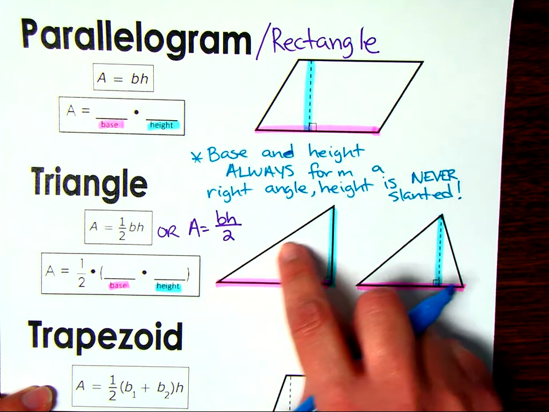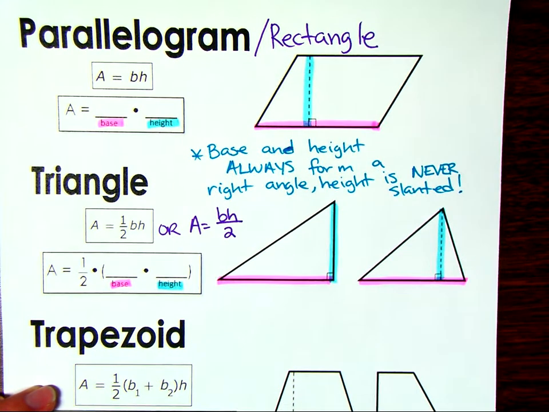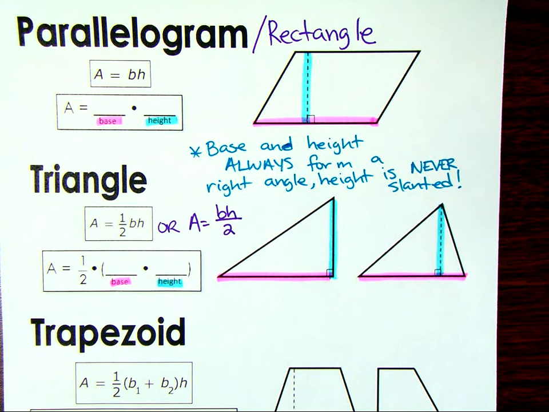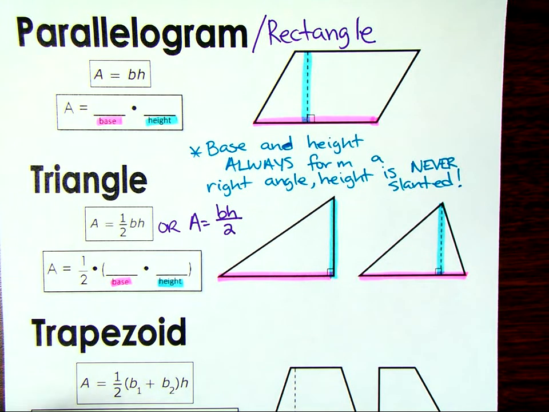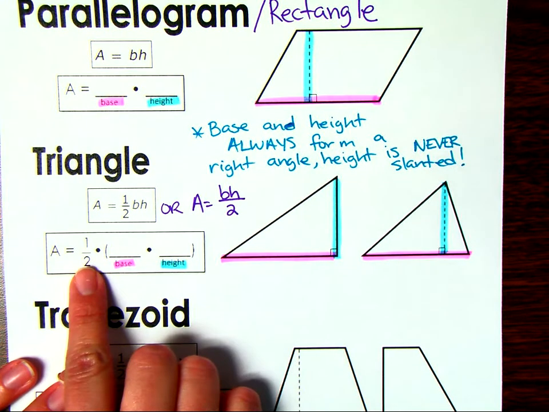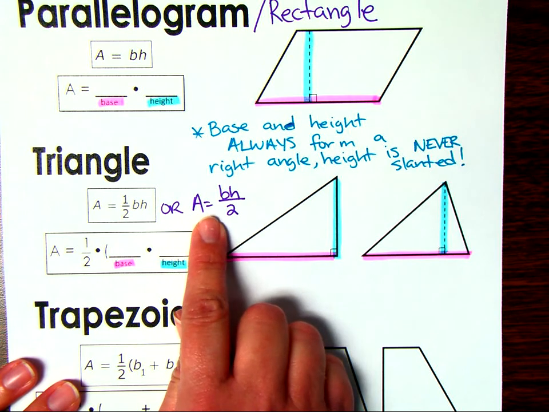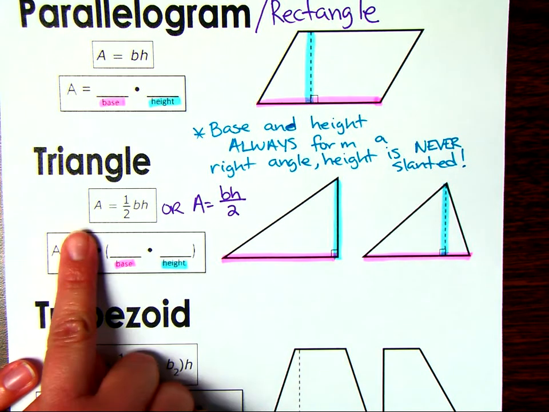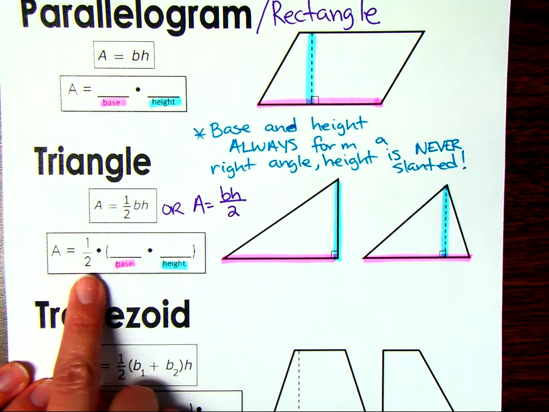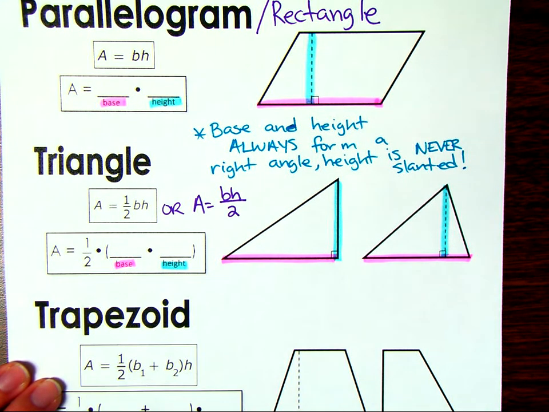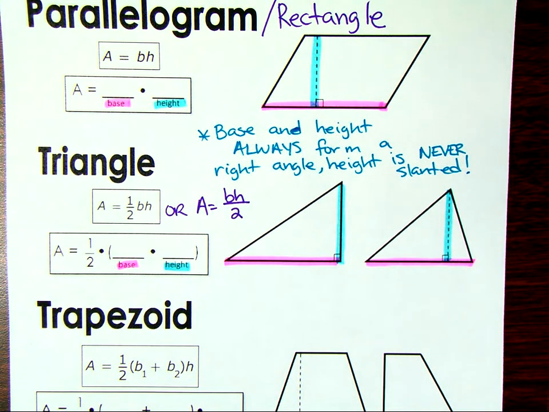Remember, your height is never going to be slanted, so those slanted numbers we're not going to use for the base or the height in that triangle. Okay? Remember, multiplying by 1/2 is the same thing as dividing by 2. If you are using this formula, order of operations, multiply the base and height first, then multiply by 1/2, but making sure everything's a fraction, like we've talked about in previous lessons as well.